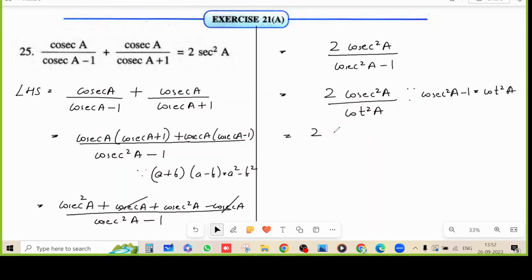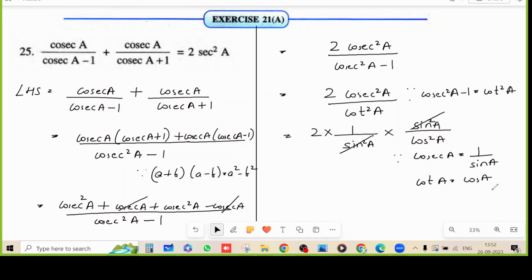So this will become 2 into 1 upon sine square a into cos square a upon sine square a. Sine square a and sine square a will get cancelled out. For this we had used the relation that cosec a is equal to 1 upon sine a and cot a is equal to cos a upon sine a.